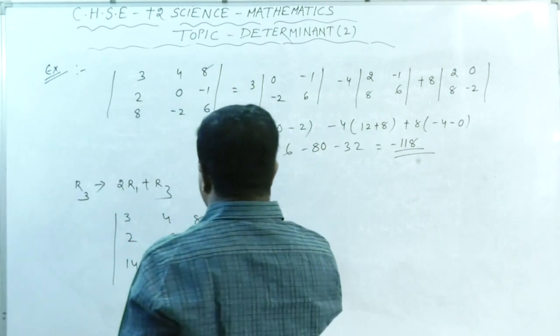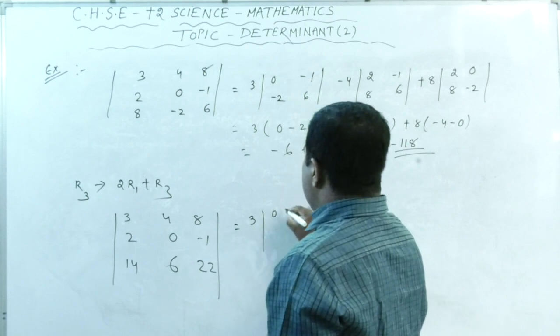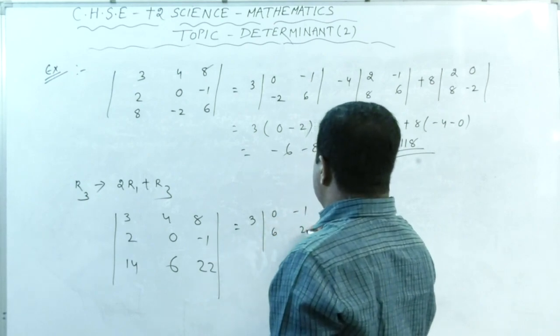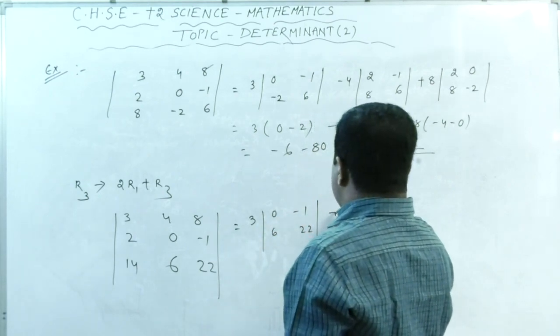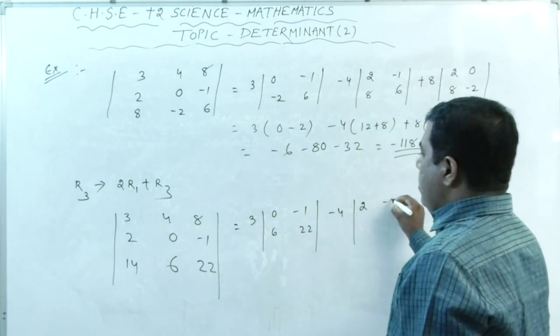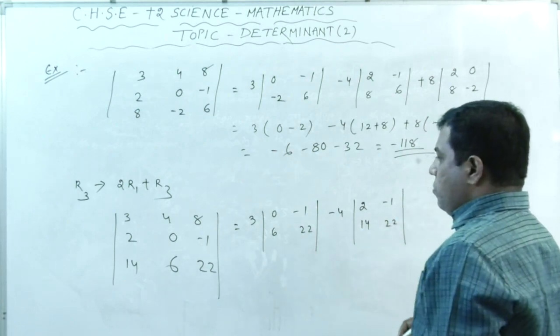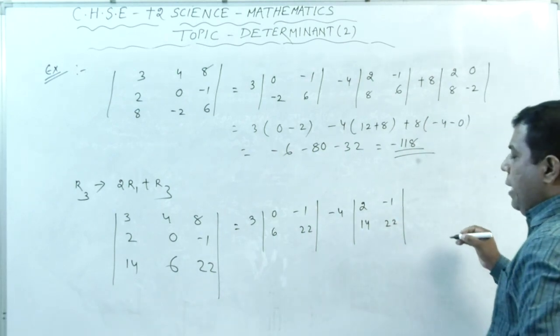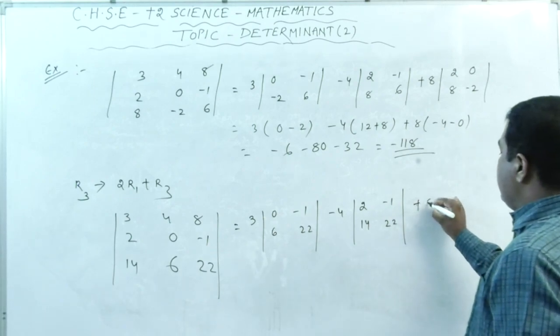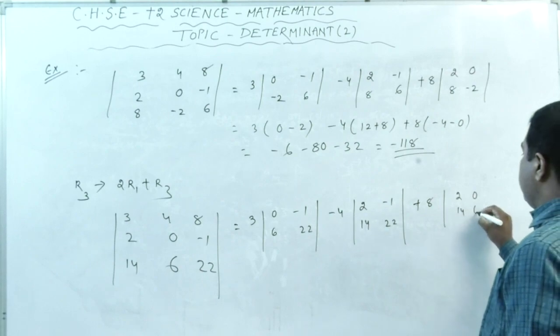Now we are going to evaluate the value. It is 3 times (0 minus 6), 22, and minus 4 times (2 minus 14), 22, and then plus 8 times, again 2, 0 and 14, 6.